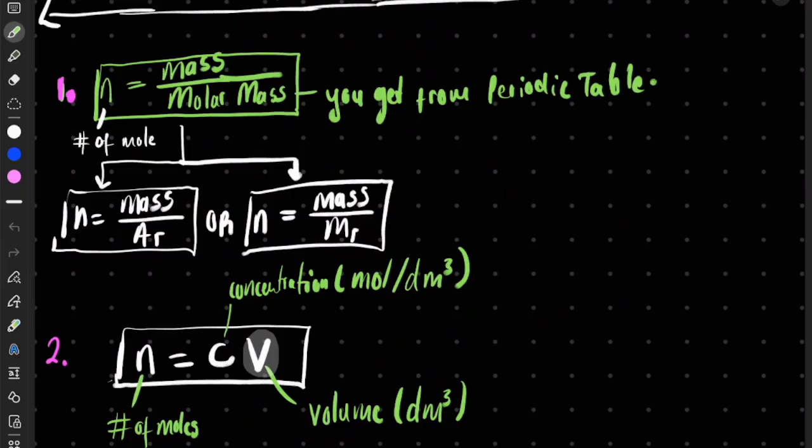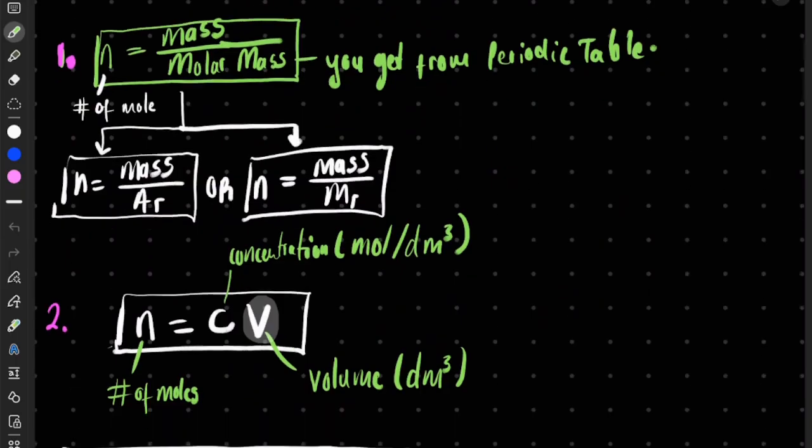If we can find moles, we know how much we have of something. So it's so important for us to be able to find the moles that we have. And we have 3 ways. I told you we have 4 ways. But for step number 1, we use the first 3 ways.